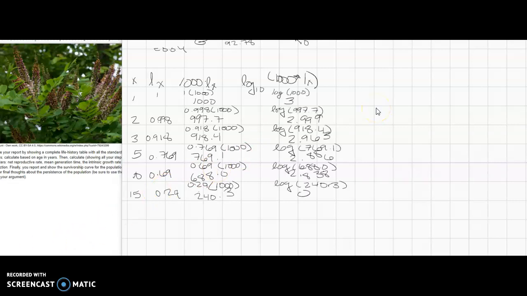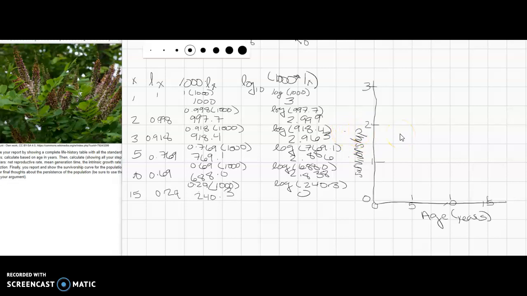Okay, so you finish your calculations and then you plot that to make your survivorship curve. And so on the x-axis, you're going to put age in years, and on the y-axis, you're going to put survivorship. Okay, so we're going to plot everything.